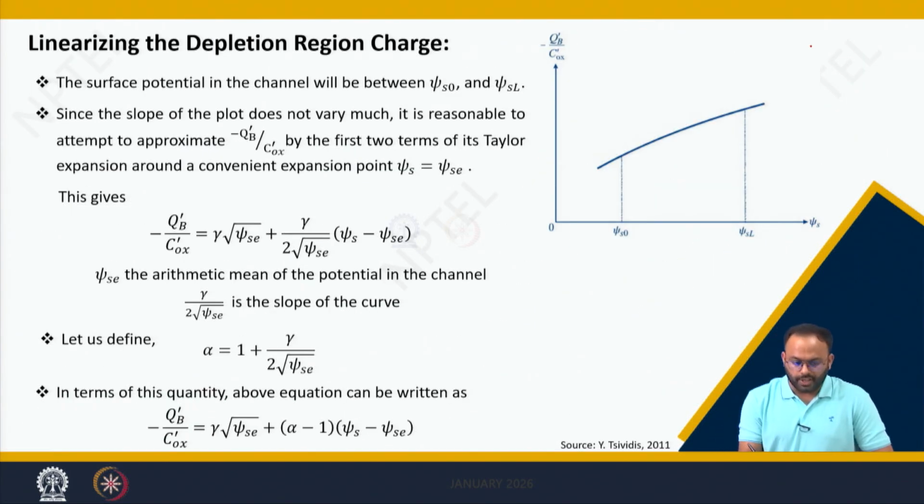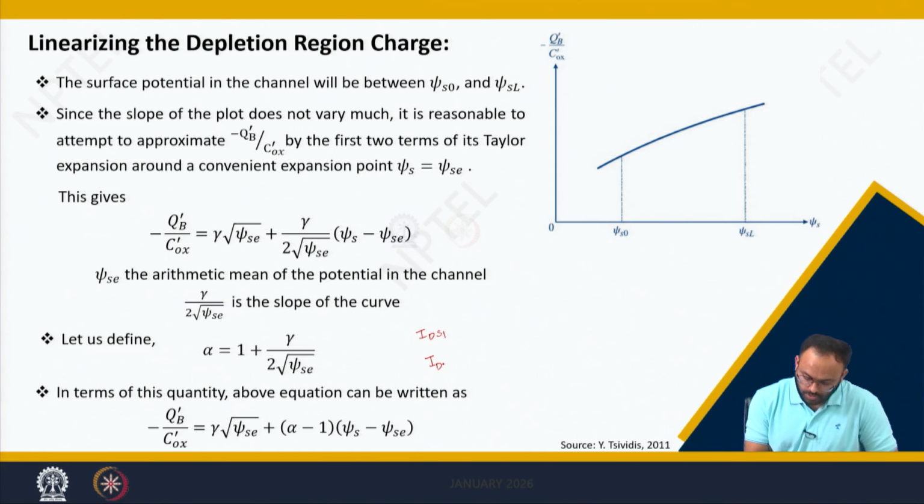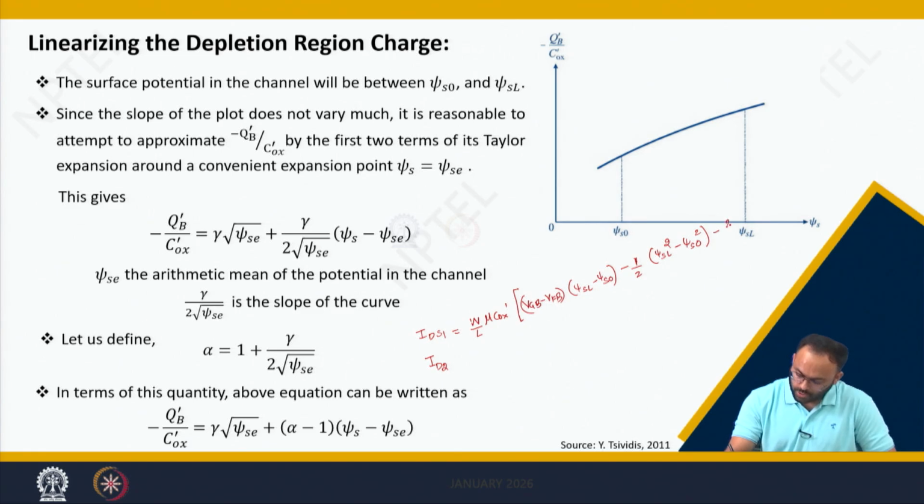If you remember, we defined IDS1 and IDS2, which is nothing but W by L mu into Cox dash into VGB minus V flat band voltage into psi SL minus psi S0, minus half of psi SL square minus psi S0 square, minus 2 by 3 gamma into psi SL to the power 3 by 2 minus psi S0 to the power 3 by 2.